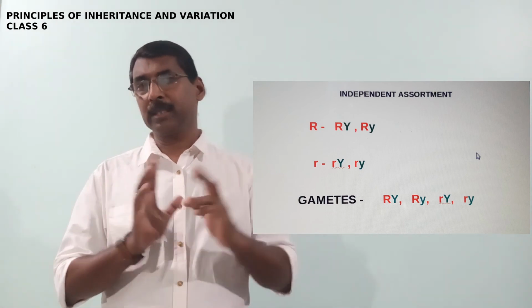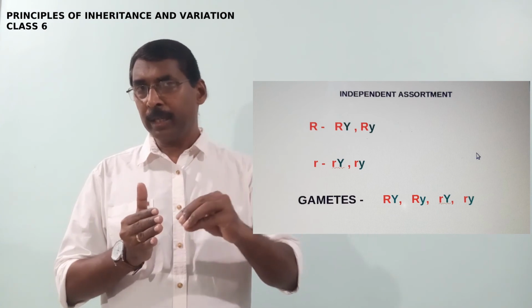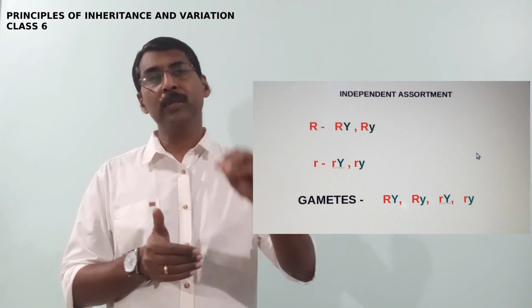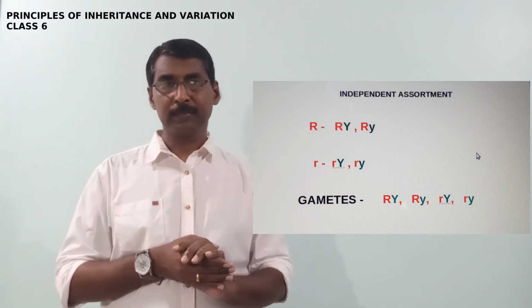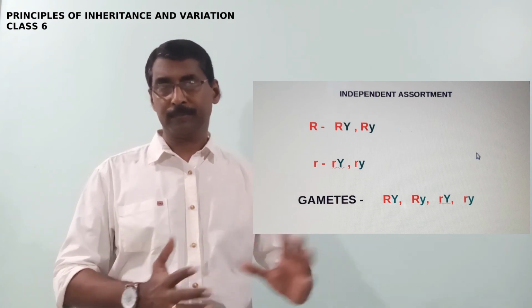Here only 2 characters are there, shape and color. So the gamete should contain one allele for the shape, one allele for the color.